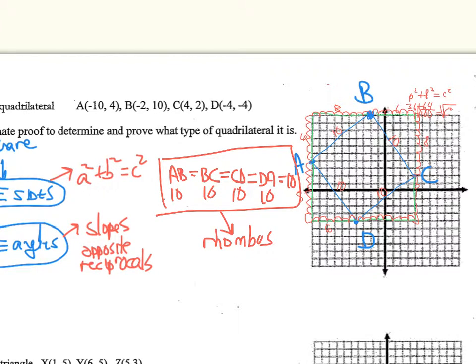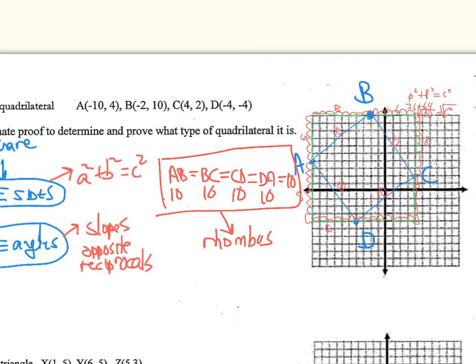So the next step is to show that all of the angles are the same. Okay, so that means that I have to show right here that all the angles are 90 degrees, that the slopes are opposite reciprocals. Because if the slopes are opposite reciprocals, then the segments are perpendicular, which means that we have 90 degrees.